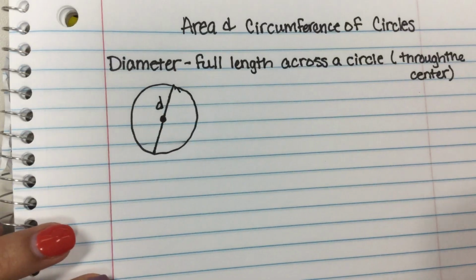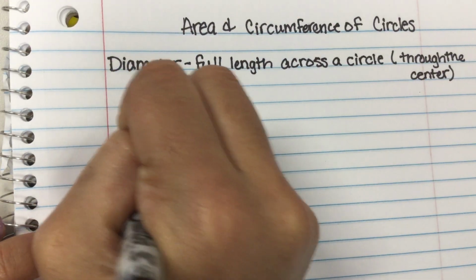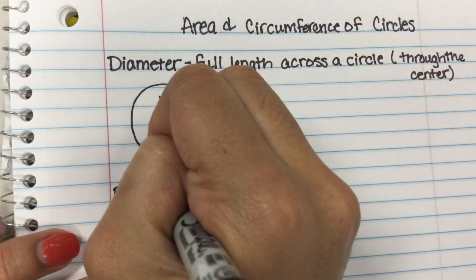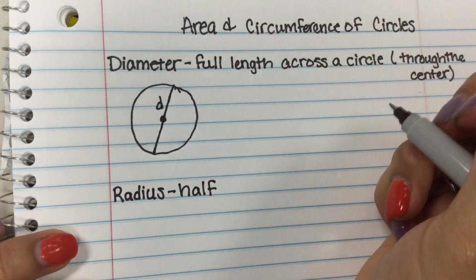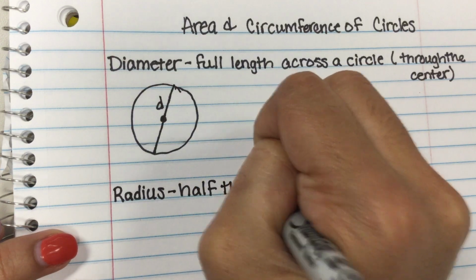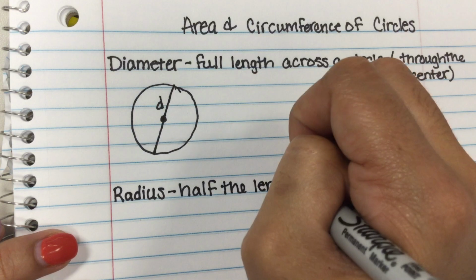The next thing is the radius. Radius is half the distance across the circle, or half the length.